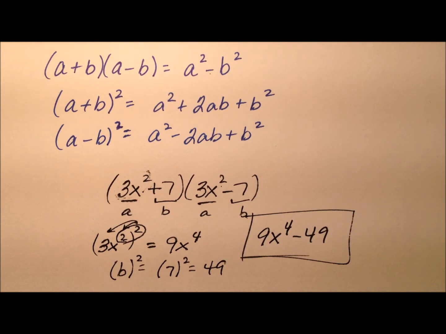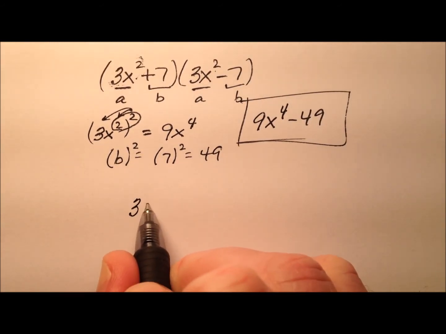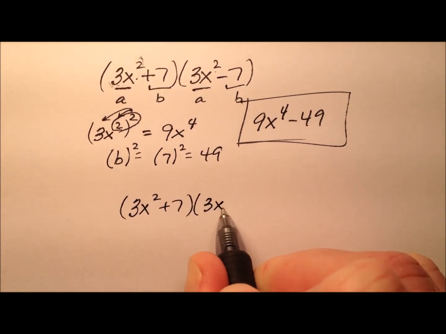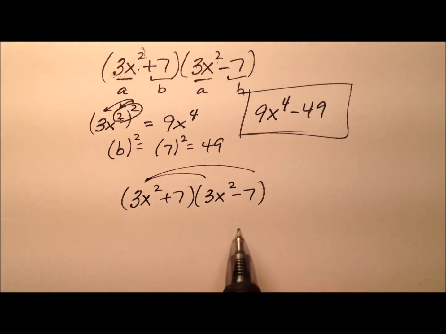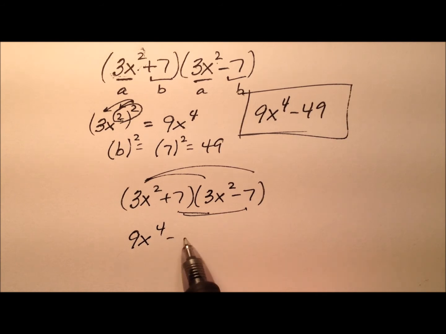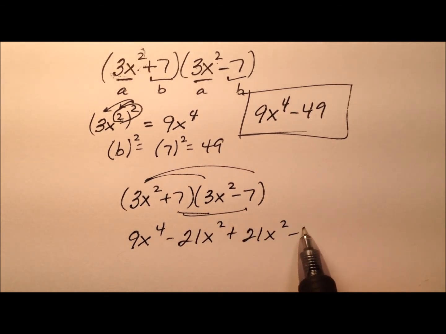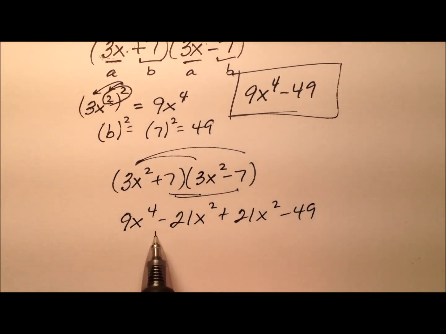Let's just go ahead and show you that it works out. If you were to use the series of distributions and just multiply it long, then you would get the same thing. And I'll show you why this is so nice. Because when you distribute through like this and then like this, we have the 9x to the 4th minus 21x squared plus 21x squared minus 49. Okay, well, what's so nice about that?